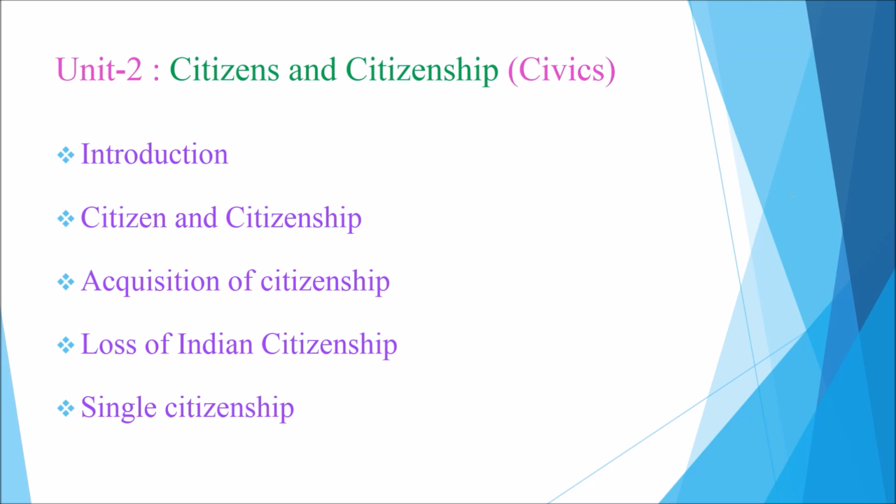Next, we are going to revise the second unit in civics, which is citizens and citizenship. Now, let's see the gist of the lesson. Introduction part, citizen and citizenship, acquisition of citizenship, loss of Indian citizenship, single citizenship.